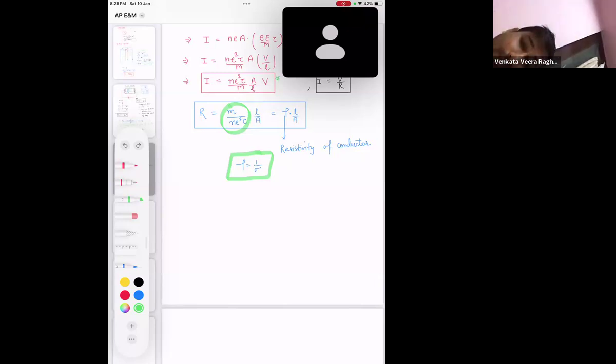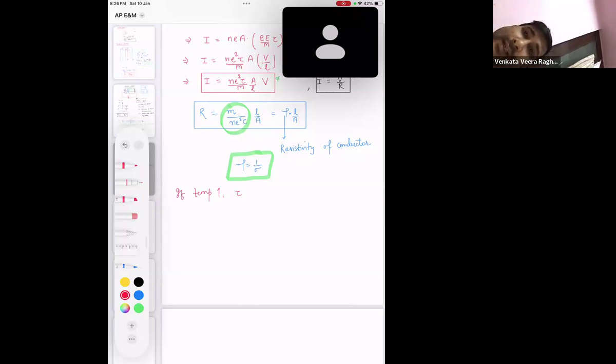And one more factor on which the resistivity depends is the temperature. Why? What is the tau? Tell me. Tau is the average time of collision. Okay, tell me, if I increase the temperature, what will happen? Please tell me. If temperature increases, what will happen with tau?